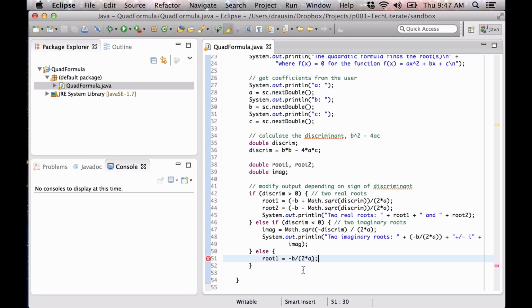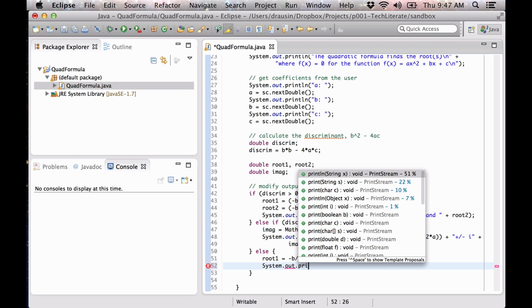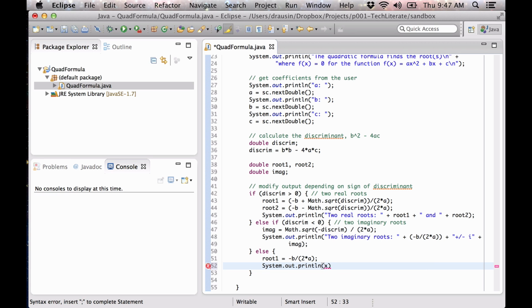Right? And this is easy because basically since our discriminant is 0, the whole square root of b squared minus 4ac is also 0. And so we can just say system.out.println 1 real root. Okay.